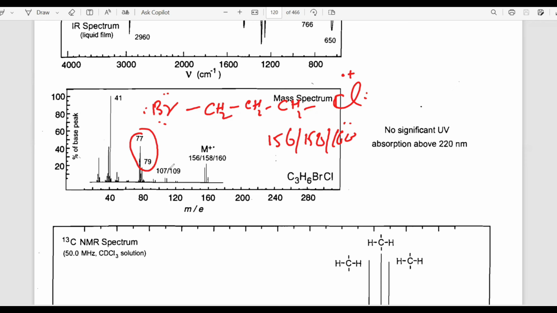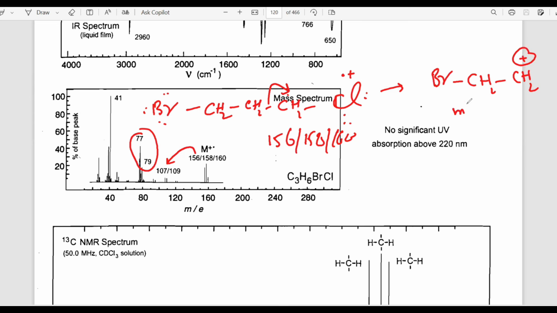Now, if I draw this signal, 156 to 107 means we have to lose 49. How can I lose 49 from this compound? Chlorine 35, carbon 12 plus 2. If I remove this fragment completely, then we will get this fragment, Br CH2 CH2 positive.